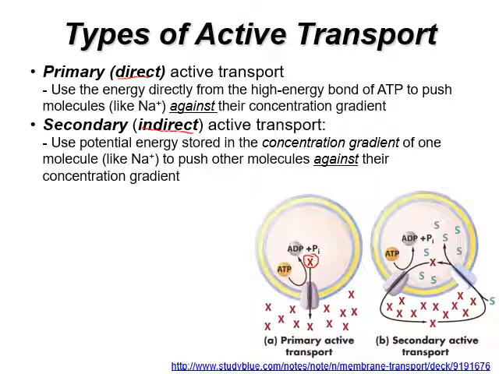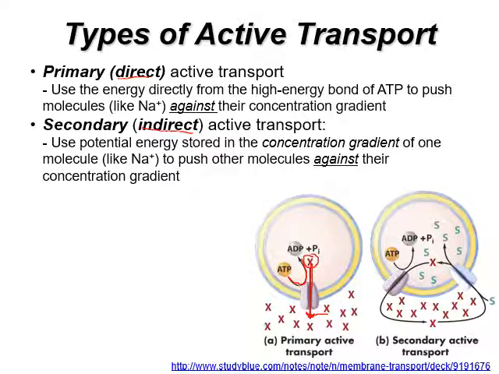You'll see X here being moved from low to high. And that allows us to create this concentration gradient. This protein is directly using ATP as its energy source. ATP is being used to push X from low to high.